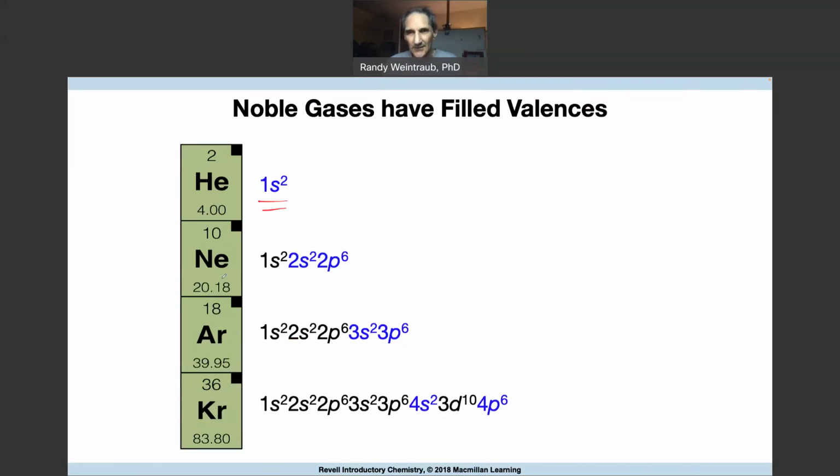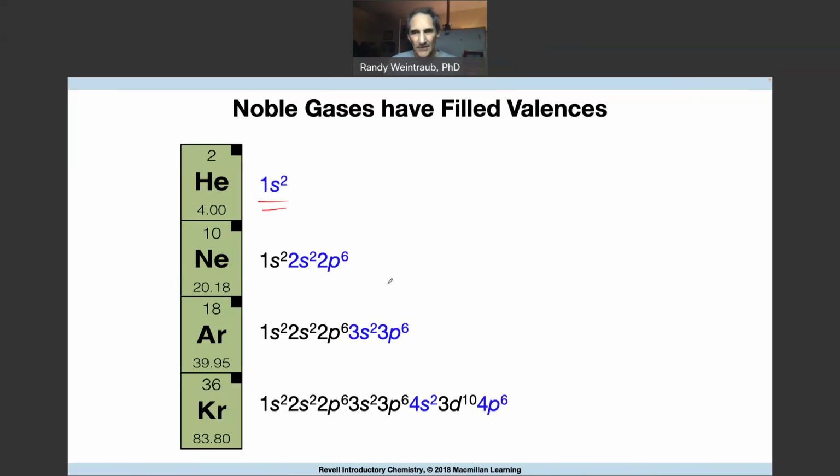Other noble gases, including neon, argon, and krypton, all have 8 valence electrons, which completely fill the s and p orbitals. These elements are stable, unreactive. They generally do not combine to form compounds with other atoms.